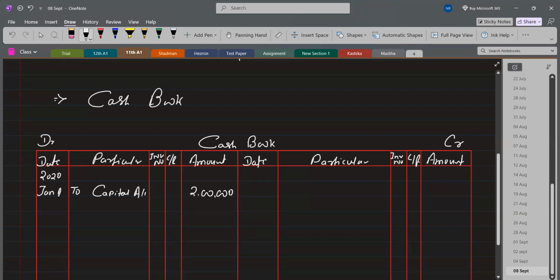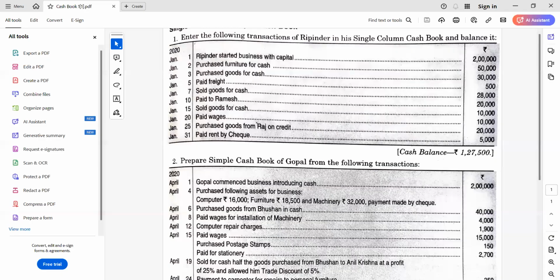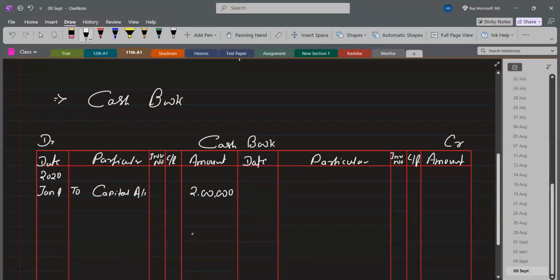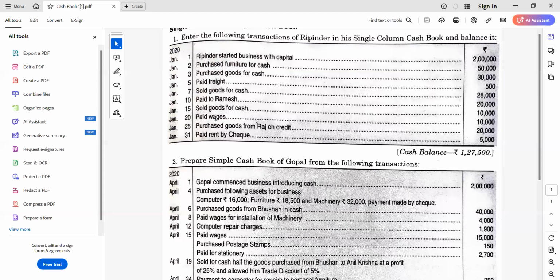Now tell me what was your question? I was saying, what does freight mean? Like in the question, paid freight. Freight means in Hindi, it is bhada. Rent basically? No, not rent.